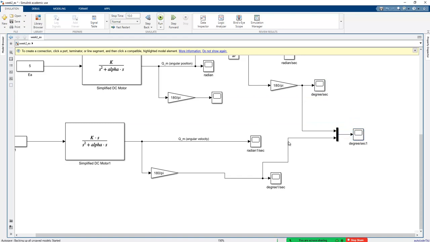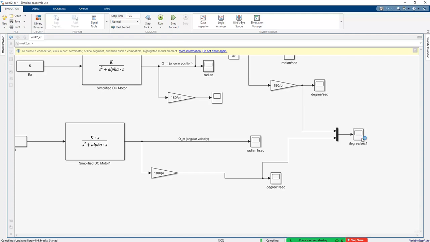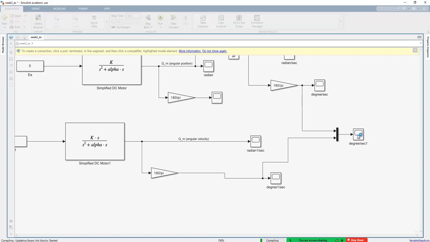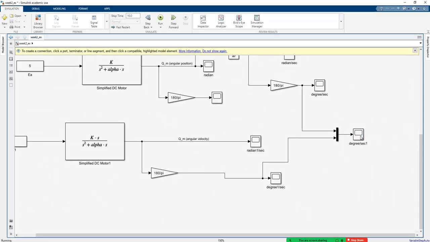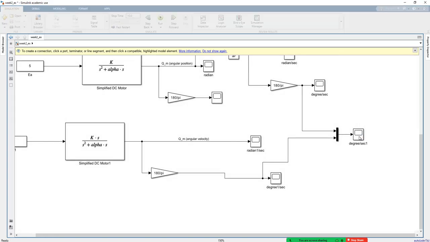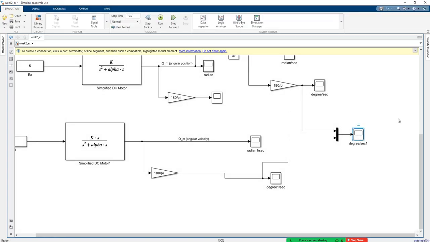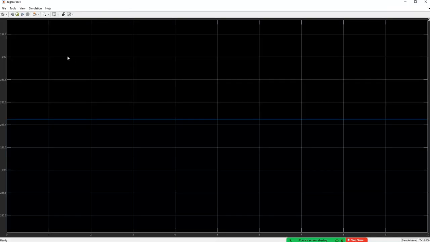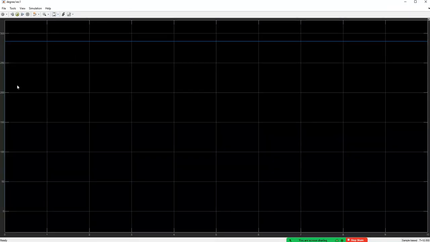If this is true, then we will have the same results here. See, we have the same results. Both plots are on the same page in this scope.